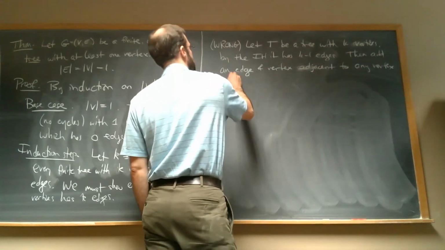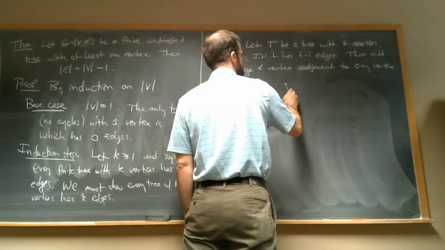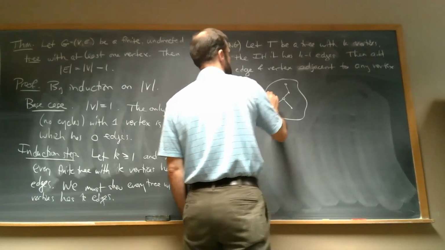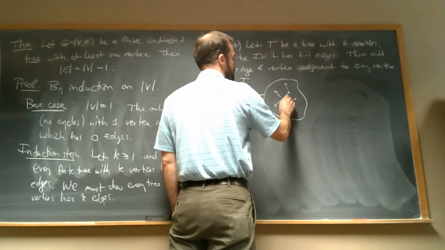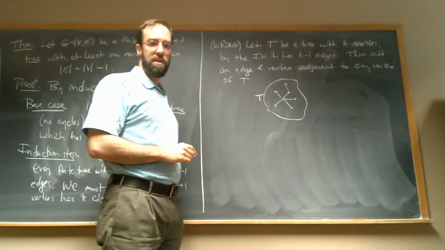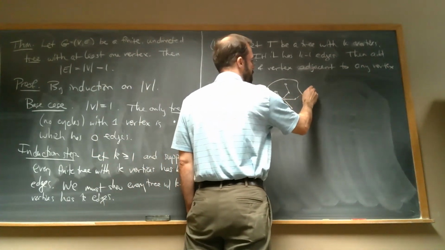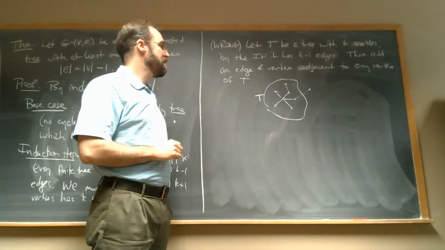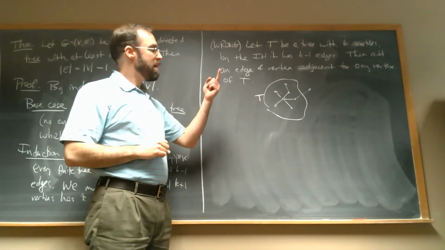So I've got my tree T here, and I've got a bunch of edges and vertices in here, and then I say, well, let's just add one new edge and one new vertex onto my tree T. And then you would say, well, we've added one edge and one vertex.